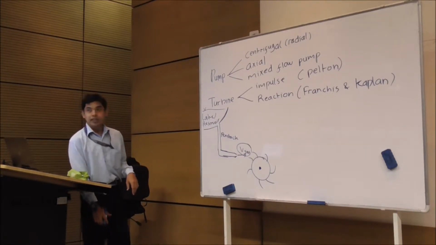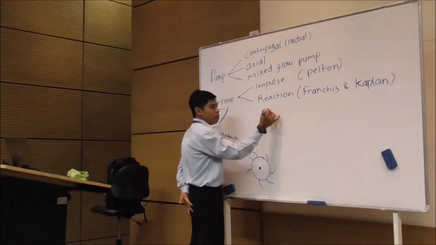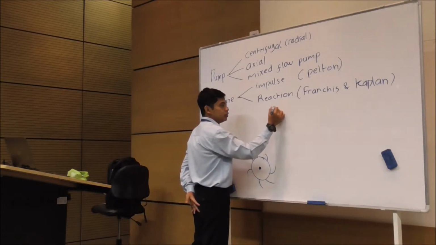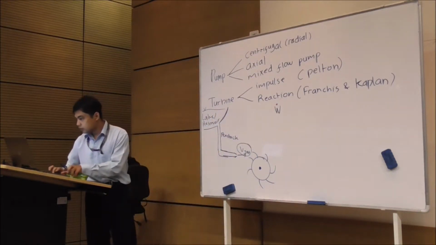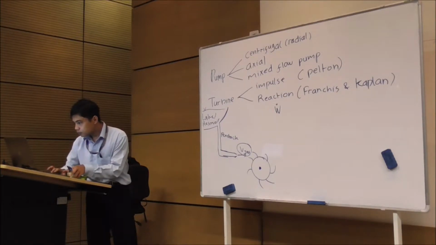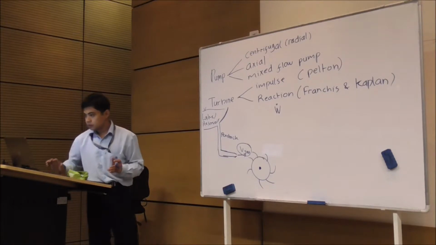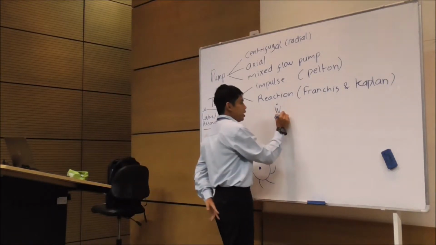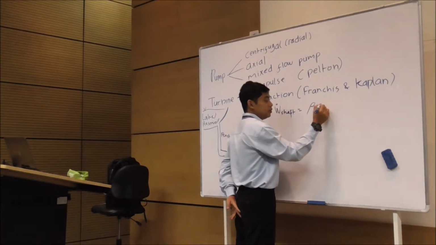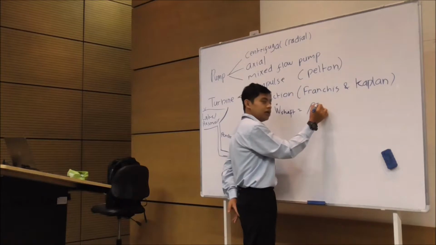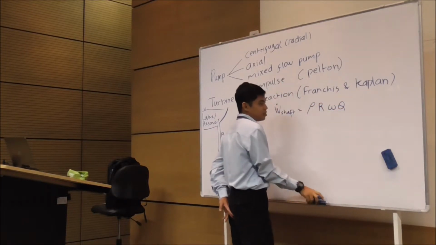Okay, so if you open the Euler, you will see that for this kind of turbine, the power generated will be W shaft is equal to rho, r omega Q. Is it big R or small r?